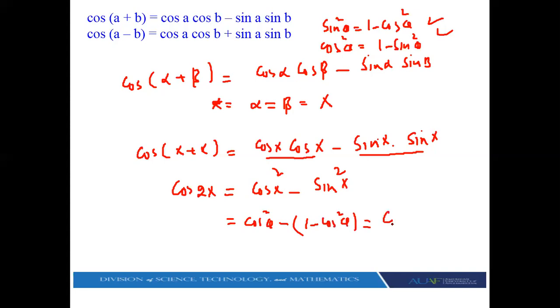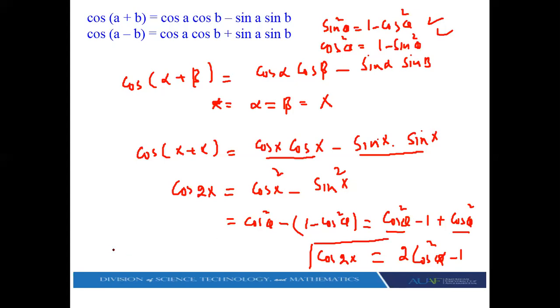So we have cosine square theta minus 1 plus cosine square theta, which equals 2 cosine square theta minus 1. This is cosine 2x. If we have x, this is also x; if we have theta, this is also theta. This is another formula: cosine 2x is equal to 2 cosine square theta minus 1.